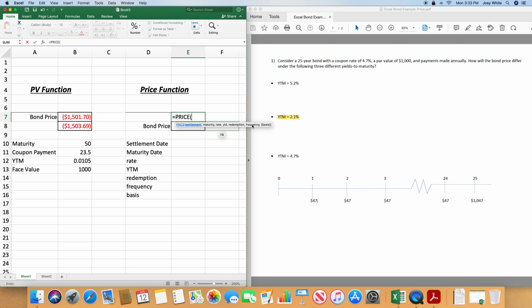Frequency is whether the coupon payment is made annually, semi-annually, or quarterly. And then basis usually isn't a big deal. Usually we'll just put 0 for it, but it has to do with how we determine a year.